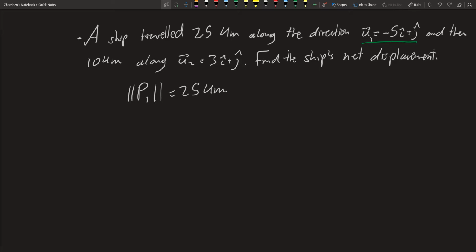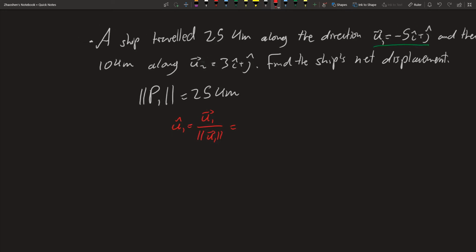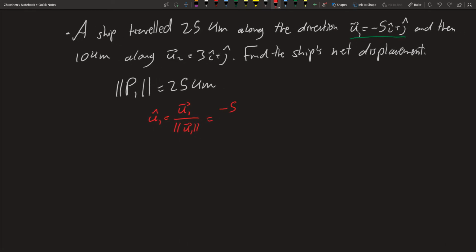How do we do that? Let's see. u hat 1, the unit vector in the direction of u1, is equal to u1 over the magnitude of u1, which is negative 5i plus j over the magnitude. What's the magnitude?